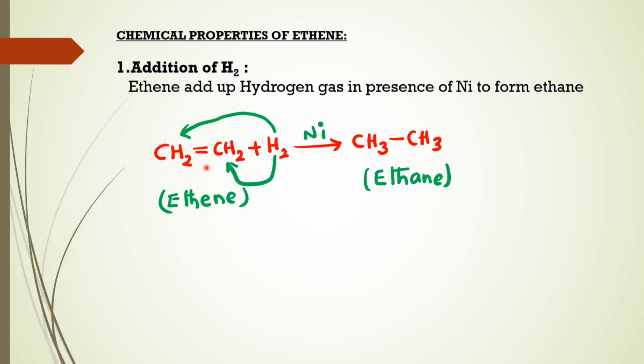These are all addition reactions because ethene is an unsaturated hydrocarbon, and unsaturated hydrocarbons always participate in addition reactions. So ethene plus H2 gives CH3-CH3, ethane.